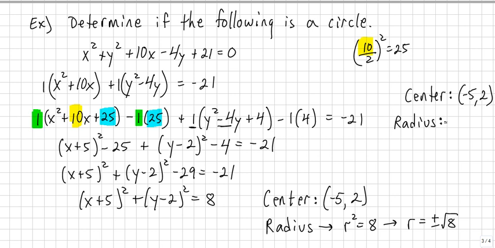Well, distance and length can't be negative. So it's just going to be the positive, and when you simplify the principal square root of 8, you get 2 root 2. So yes, this equation did represent a circle, and the circle has a center of negative 5, 2, and a radius that's 2 times the principal square root of 2 units in length.